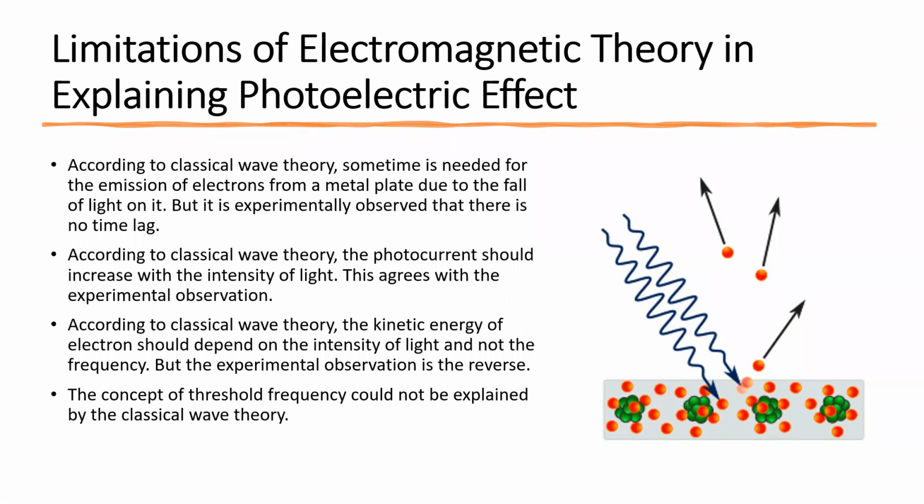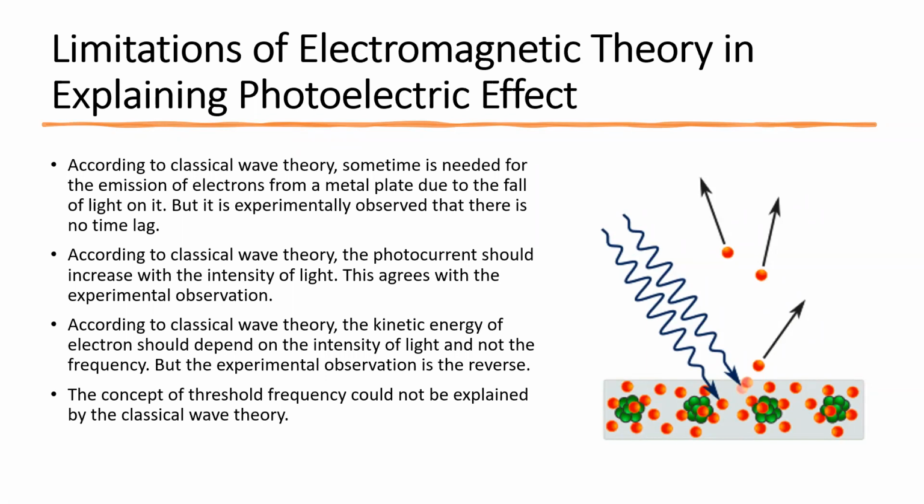Now let us look at the second point. According to classical wave theory, the photocurrent should increase with the intensity of light, and this agrees with the experimental observation. We know that intensity of a wave is the energy falling per second per unit surface area. So if the intensity of the light falling is more, there will be more energy falling on the metal surface.